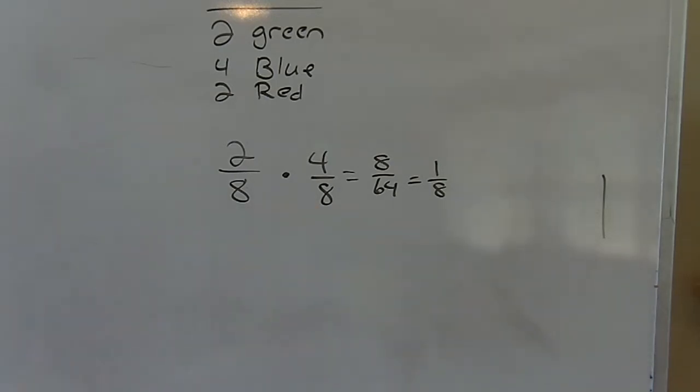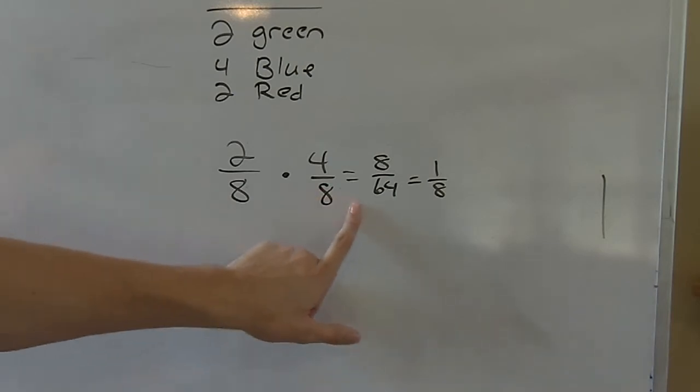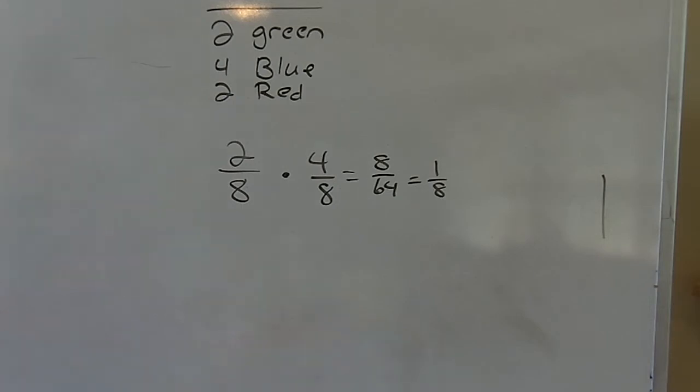And because both pulls have 8 marbles in the bag, there's a total of 64 possible outcomes, because 8 times 8 is 64. Because remember, I could pull marble 1, and then I could pull any of these 8 marbles. So there's 8 possible outcomes. I could pull marble 2, and then any of these 8 possible outcomes. So there's another 8 outcomes. I could pull marble 3, and then any of these 8 marbles.